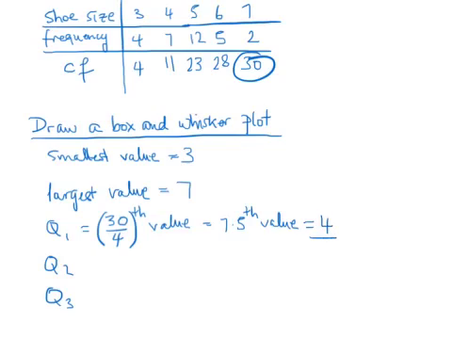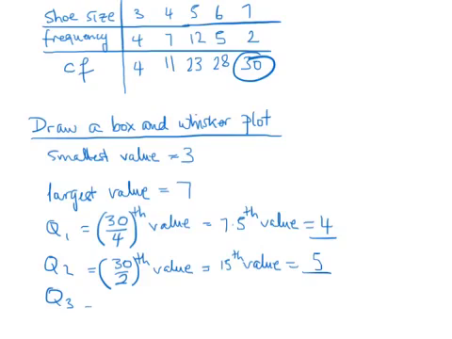So Q1 is 4. Q2, remember, is the 30 over 2 value, which is the 15th value. So you go along the cumulative frequency until you get where 15 would be. 15 would be in between here. Then you go up and along and you read off 5. So Q2 is 5.